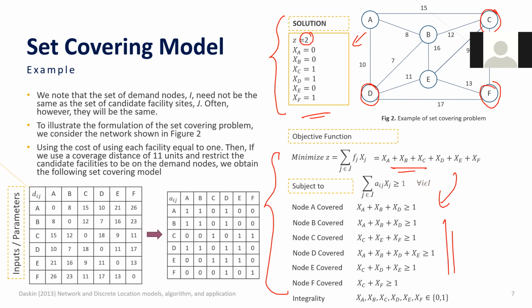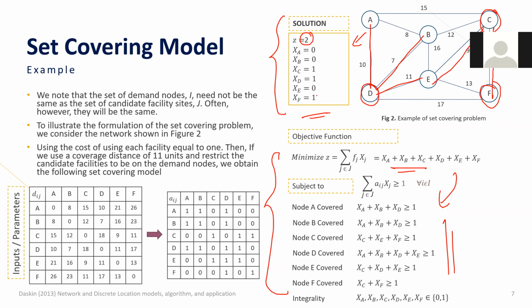It means XD will cover, let's say, A, B, and D, and E. And then XE, wait, XD, yeah, XC will cover here and here.